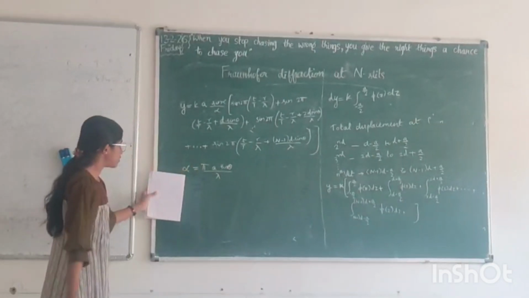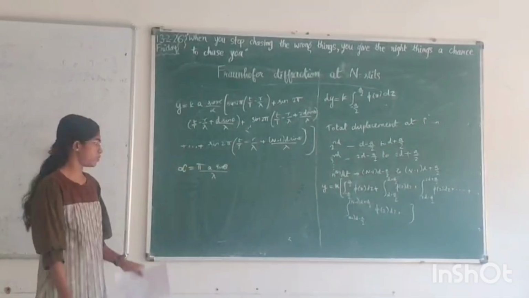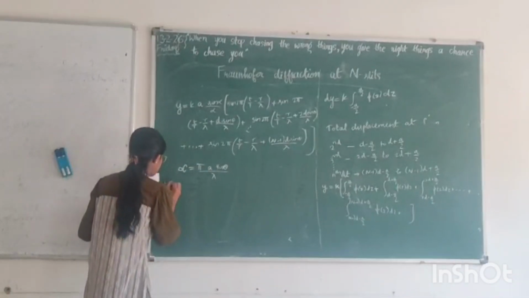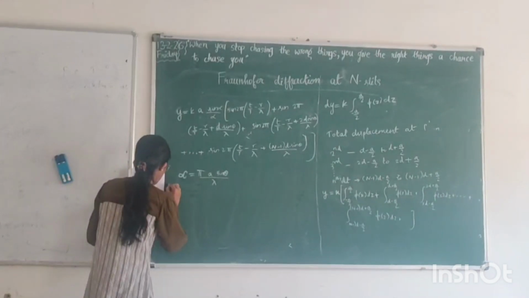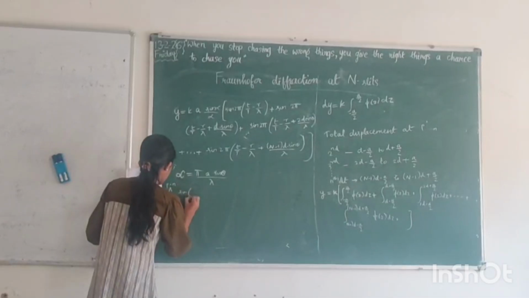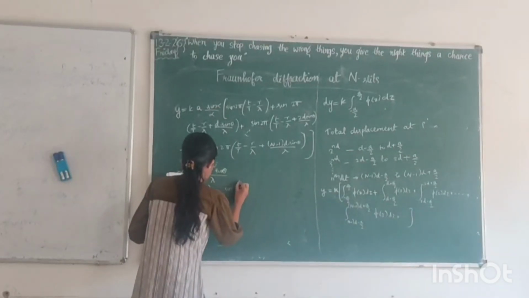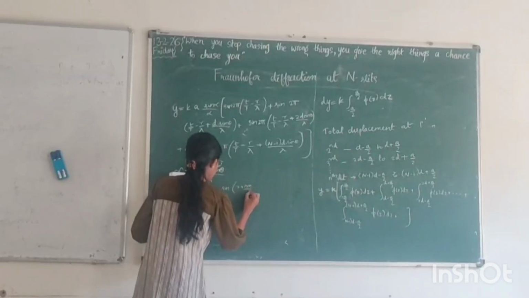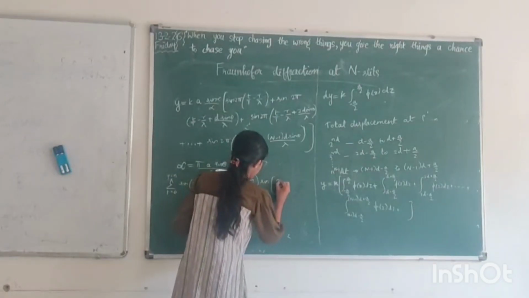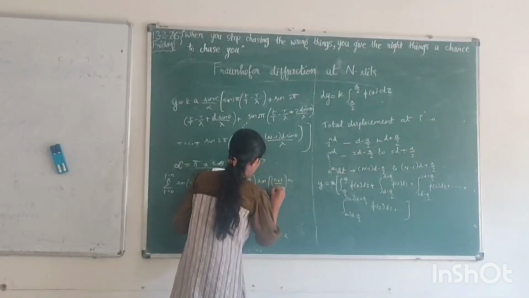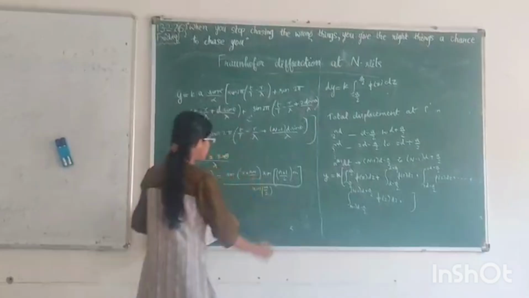This equation we got by simplifying the resultant amplitude, and we know that the summation over p from 0 to n minus 1 of sin (x plus pm) is equal to sin (x plus (n minus 1)m by 2) into sin (n m by 2) divided by sin (m by 2). This equation we learned like this.